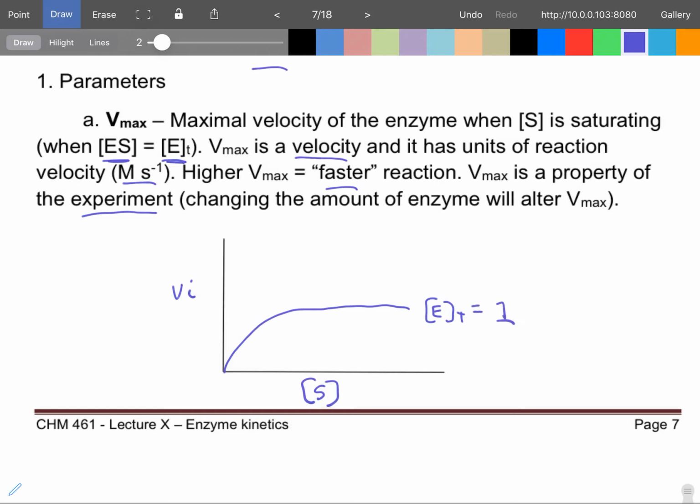I'm not worried about the units. Well, if I double that, so let's say for this reaction the enzyme total equals 2. Well, guess what? This Vmax here, compared with this Vmax here, is essentially half as much. So it takes 2 of those to equal one of the other ones, right?